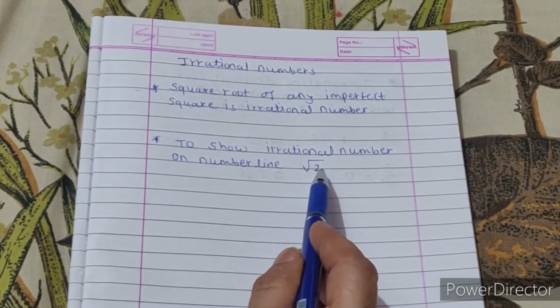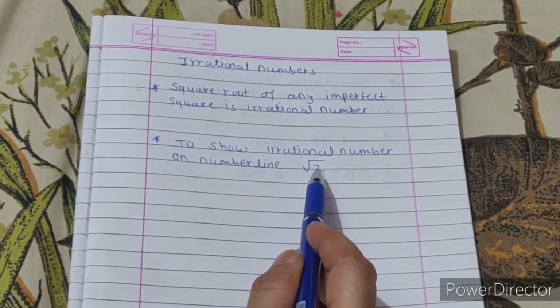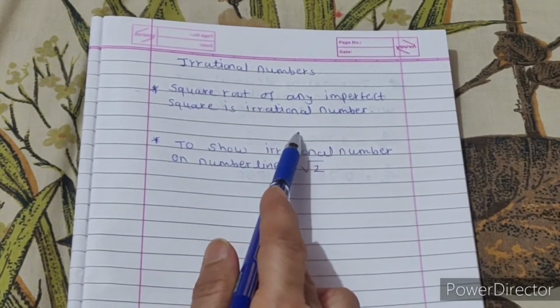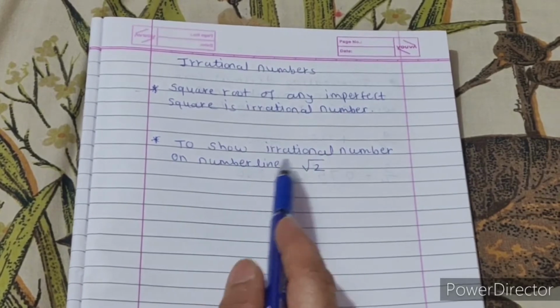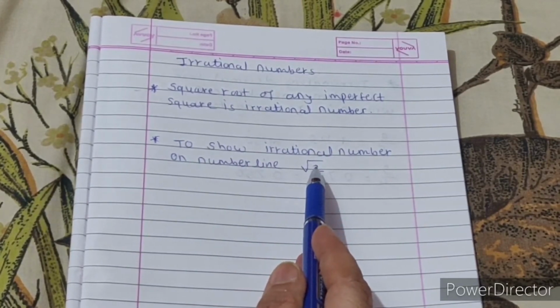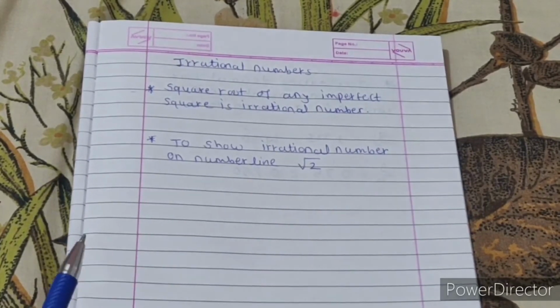We know that 2 is not a perfect square, so root 2 is an irrational number. Now, is it possible to show an irrational number on a number line? The answer is yes. Let's see how to show root 2 on a number line.